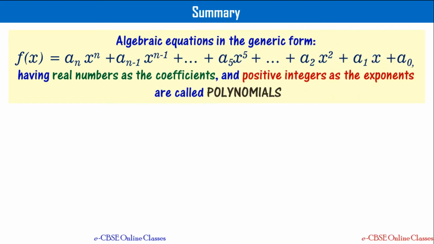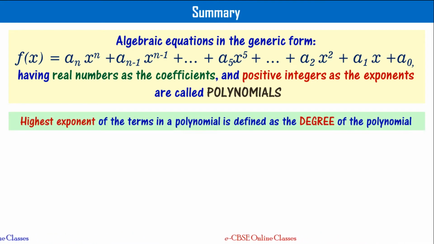Let's summarize what we have learned just now. Algebraic equations in the generic form, that is f of x equal to an x to the power of n plus an minus 1 x to the power of n minus 1 plus an minus 2 x to the power of n minus 2 plus an minus 3 x to the power of n minus 3, etc., having real numbers as the coefficients and positive integers as the exponents are called polynomials, right?